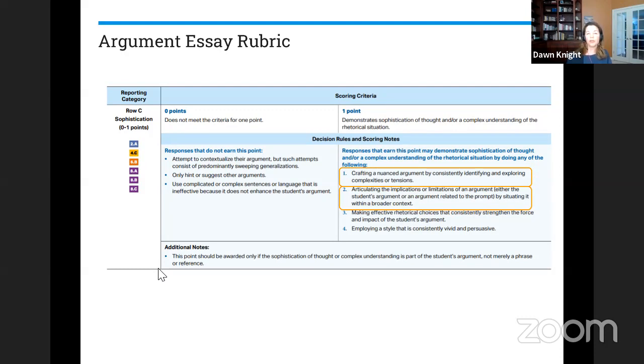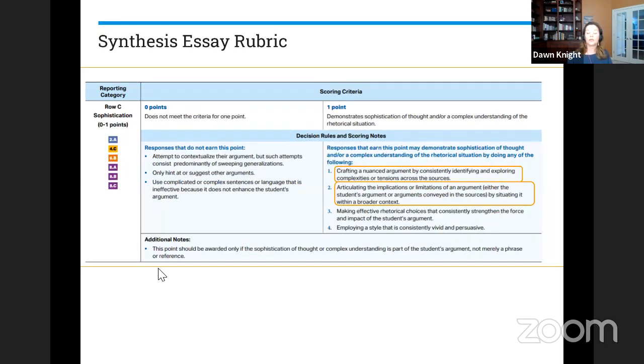And we'll review a little bit about what that means today. Articulating the implications or limitations of an argument, either the student's argument or an argument related to the prompt by situating it within a broader context. And that gets into the limitations and implications that we'll be talking about in today's lesson. The synthesis rubric is the same, except it talks about across the sources because that synthesis essay comes with a packet of sources.